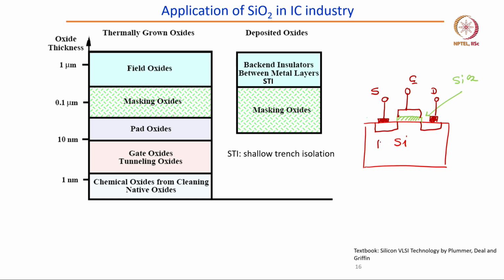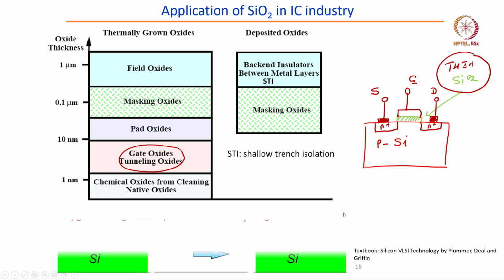If it is p type silicon, we can have n plus source and drain. The gate can be of different materials, like polysilicon and so on. But the thin silicon dioxide, thin gate oxide, is the use of gate or tunnel layer oxides, and then we can use it for masking also, and so on.